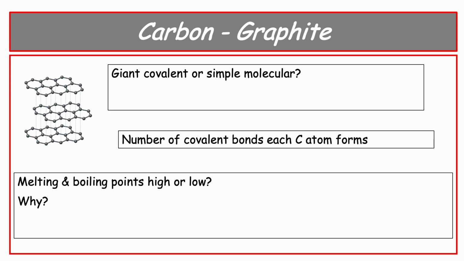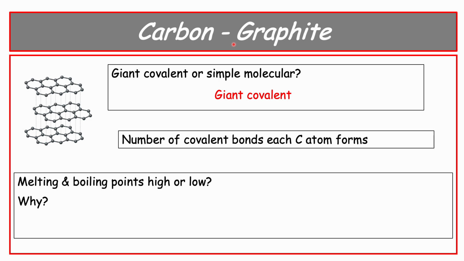If we move on to graphite, what we use in pencils, graphite has the structure that you can see on the left. So we've got these rings of carbon atoms, all covalently bonded, and you can see there are lots and lots of many strong covalent bonds. So graphite is also giant covalent.